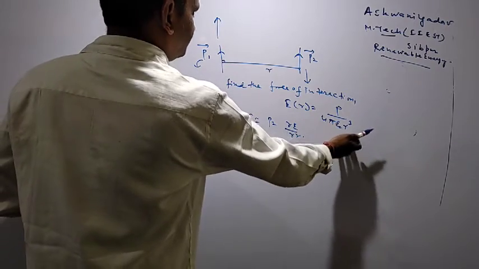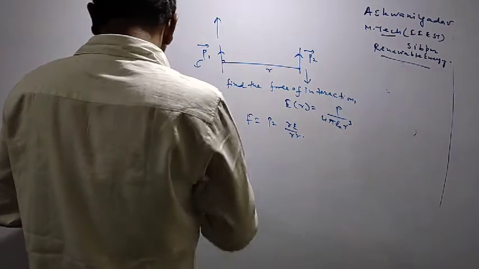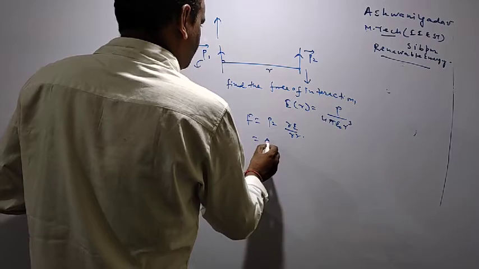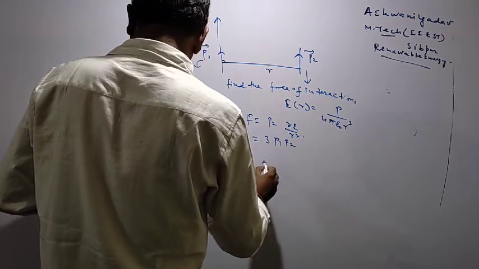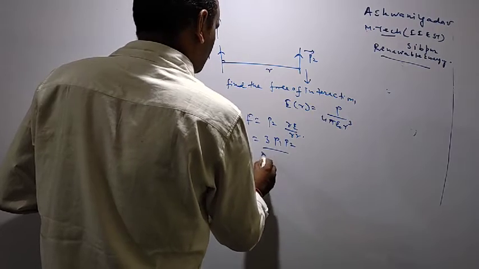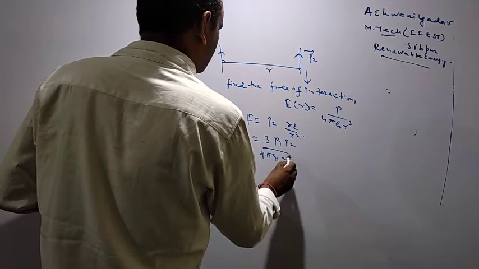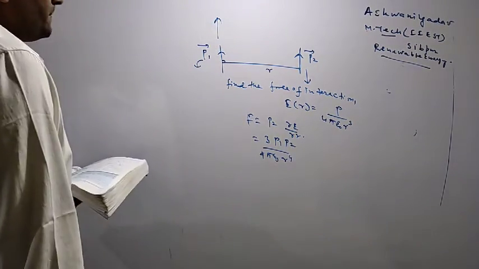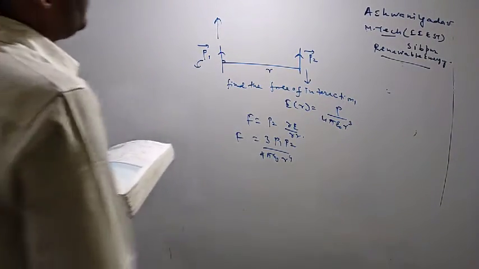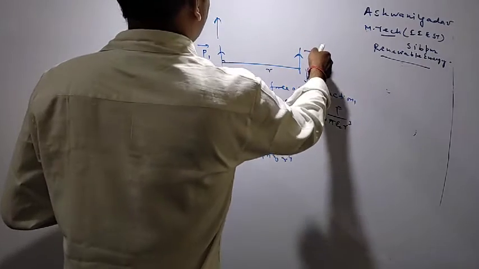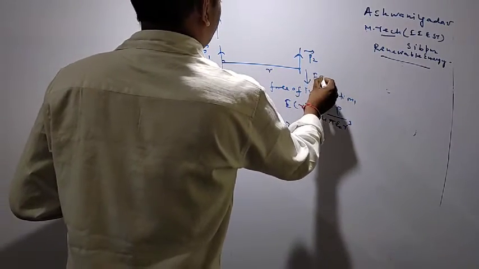Just differentiate it with respect to R. We have 3 P1 P2 over 4 pi epsilon naught R to the power 4. This is the force on this, and this is the direction of the force.